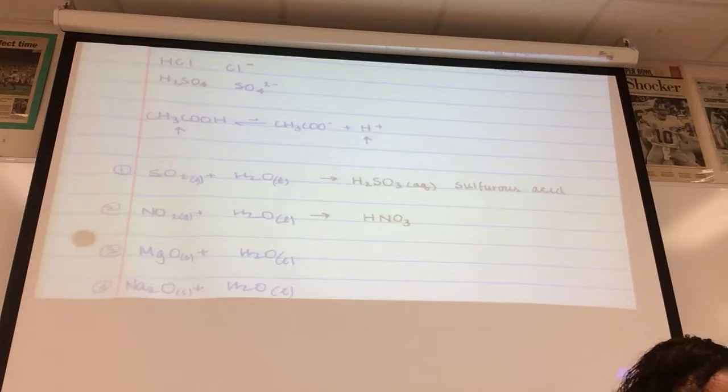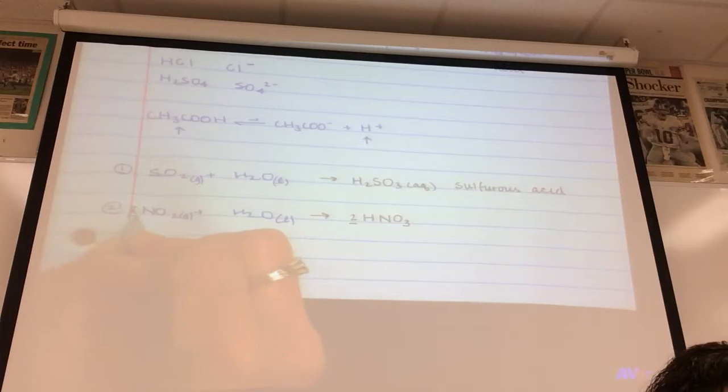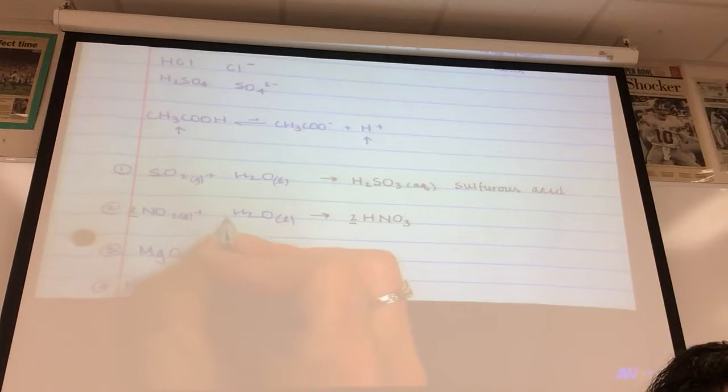Now that's not balanced, so what do you need to do? You add an 8. We have a 2. You want to put a 2 here and a 3 and a 2 here? Are you balanced? No. You need a 2 in front of the water. That's not going to balance it either, is it?